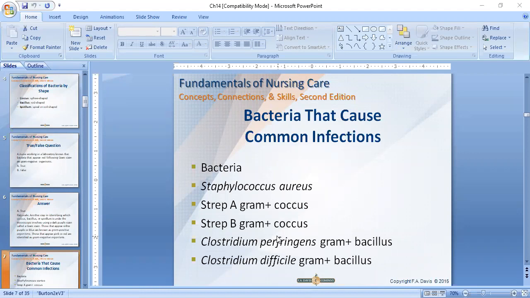So when a patient is positive for Clostridium difficile or Clostridium perfringens, we always have to wear gloves and gown when we give them treatment. The patient who is infected and needs contact precautions, we have to give them a private room.